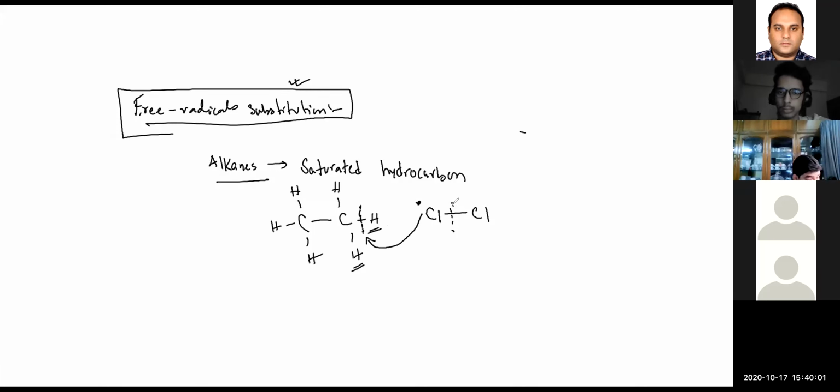The free radical generated due to UV light breaks it down into a free radical that attacks this carbon-hydrogen bond and then eventually becomes a free radical substitution. So this is free radical substitution.